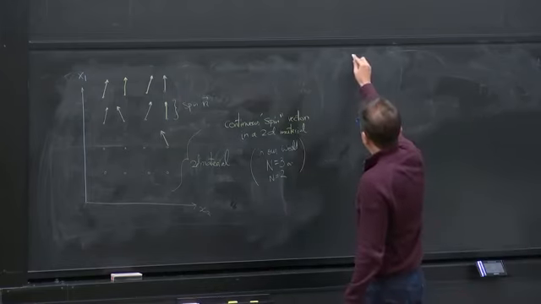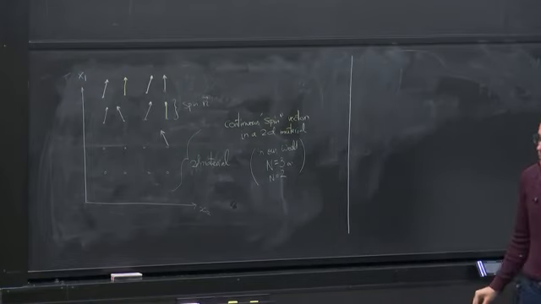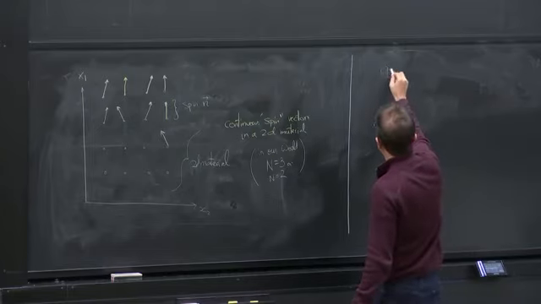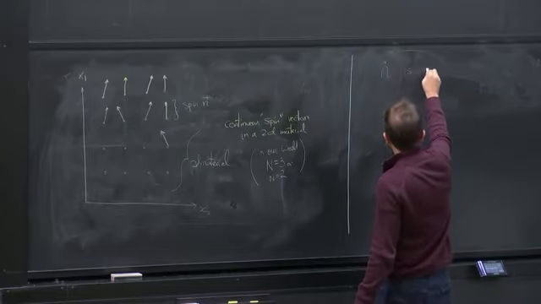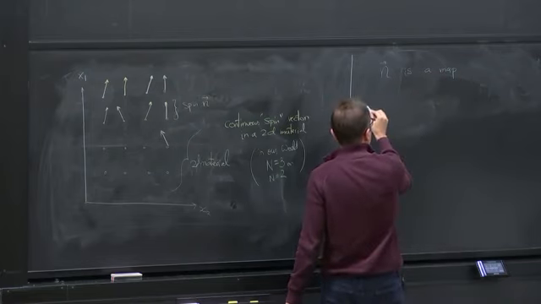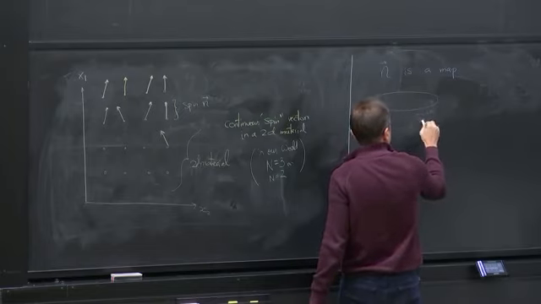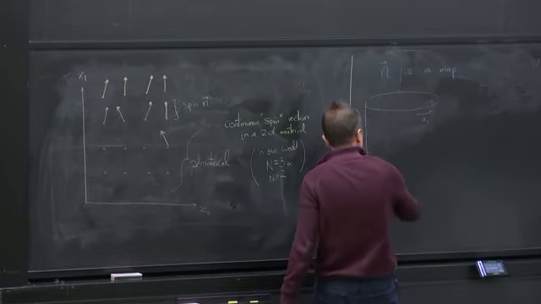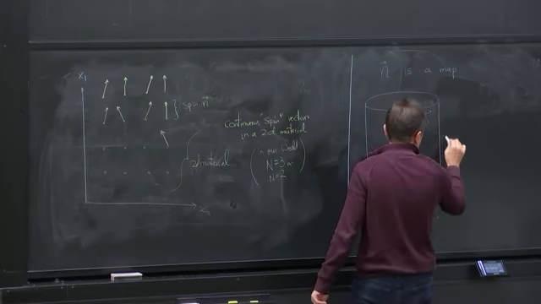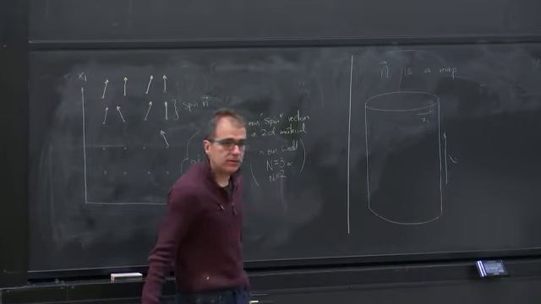Okay, another possibility, a different possibility for this, is to think that this n is a map from what? For example, let me think that this is x1, and this direction here is x2, right?